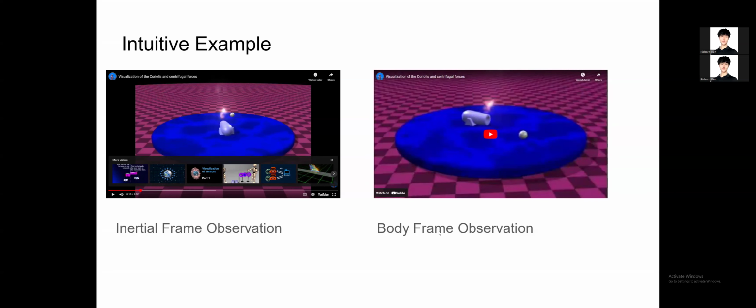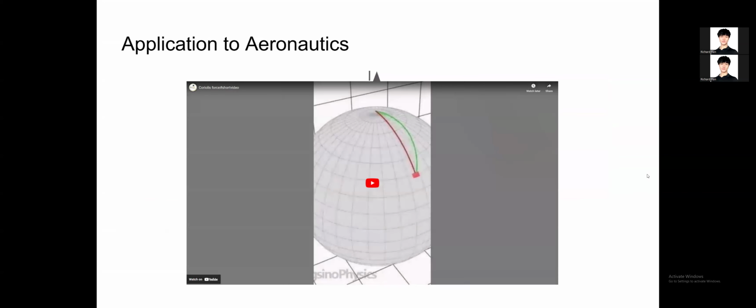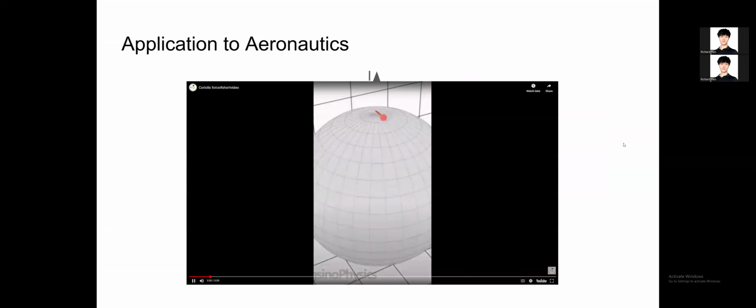This is very applicable to aerospace engineering. Okay, let's say you're trying to fly from the North Pole to the South Pole in the shortest distance, which is a geodesic. Someone at the North Pole is in an inertial frame since he or she is on the Earth's rotational axis, and everyone else, including us, is spinning with the Earth.